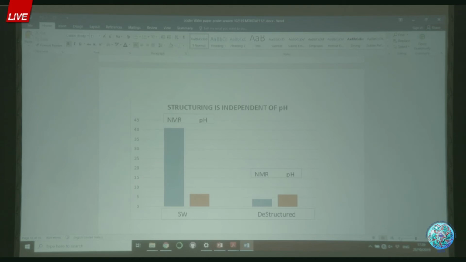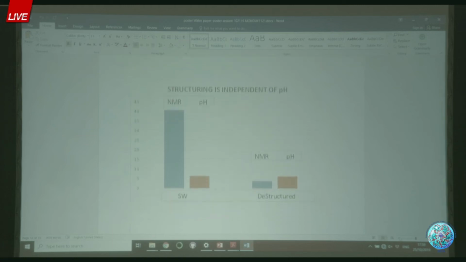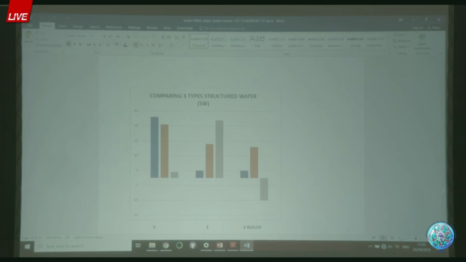You can see that, independent of pH, the structured water contains this rather large NMR peak, and the destructured water does not. Then we decided to compare different types of waters, and as an example, we have structured water on the left, and the far right is the destructured water, and there's an ionized commercial water in the middle. The blue bar on the left is the NMR, and the red bar is the electrical impedance spectroscopy that we use in our lab, which is similar but different to the one that Serge uses.